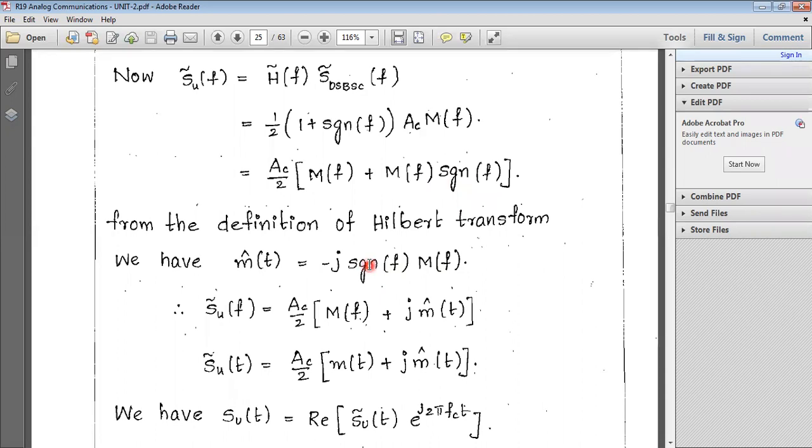How can we substitute? Plus j M cap of t. If we want this parameter, it becomes M cap of t by minus j, so automatically it can be written as plus j into M cap of t. So this is the Hilbert transform.